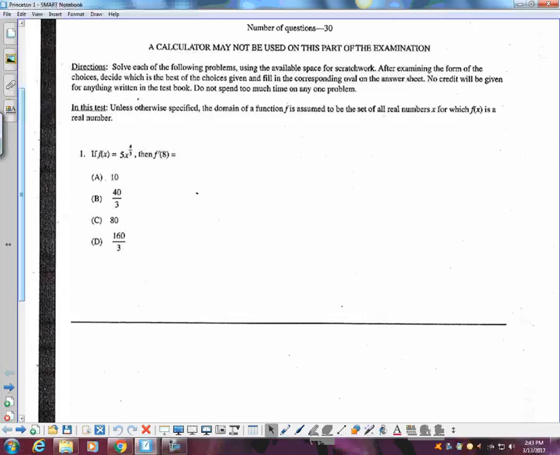Okay, one derivative. You do it. One derivative and plug it in.